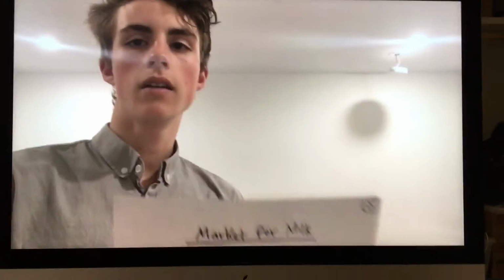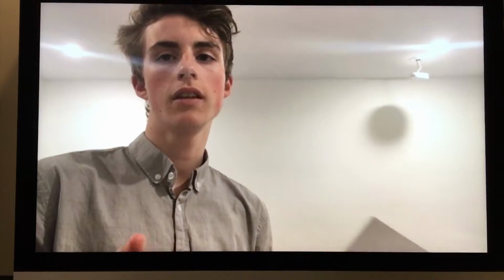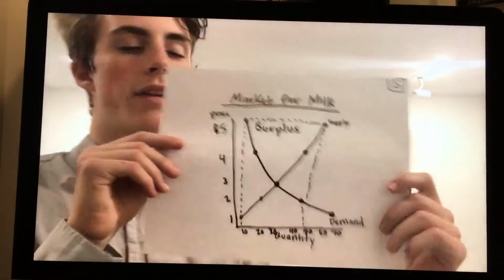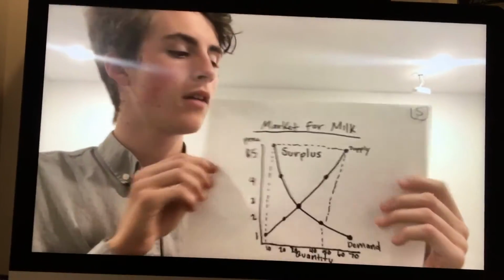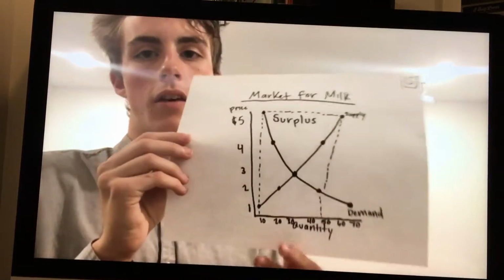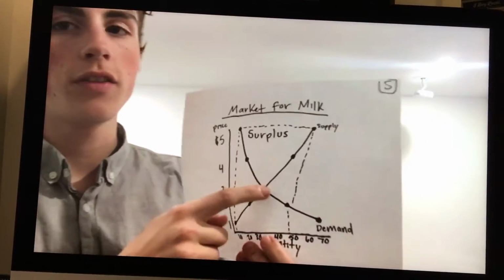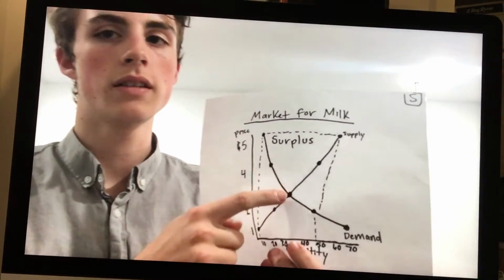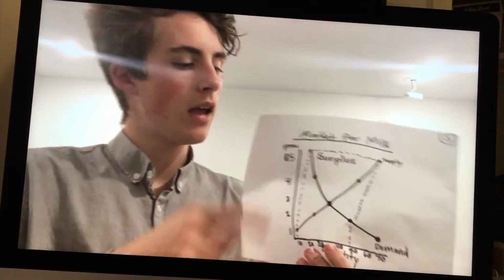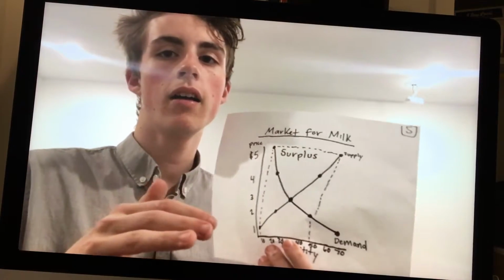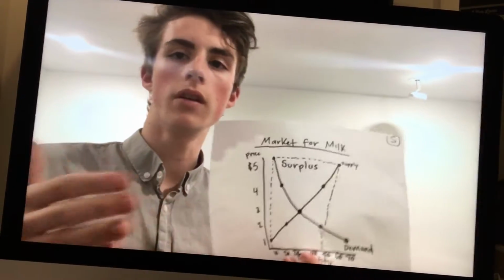From the information that we just learned, we will be able to identify areas of surplus and shortages in certain goods and services. So, for example, I have a standard supply and demand graph right here for milk. So, as you can see, this point right here represents the equilibrium. So, that essentially means that at that point, the supply matches the demand for milk.